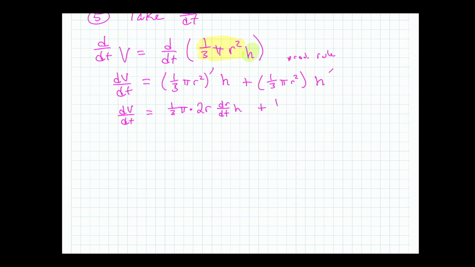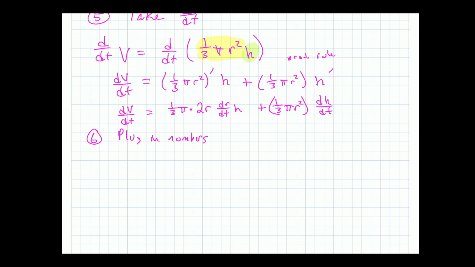Plus 1/3 pi r squared times the derivative of h, which is dh/dt. So there's my derivative. Then we plug in our numbers, and we'll see what we get.